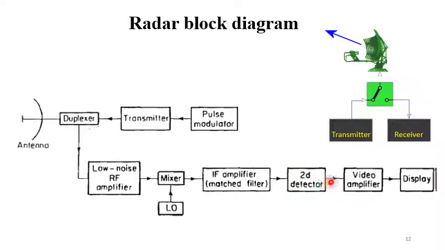After demodulation we have the video amplifier, so that we can see those figures in the display that we have already shown in our first lecture. So this is the basic block diagram of the pulse radar system.